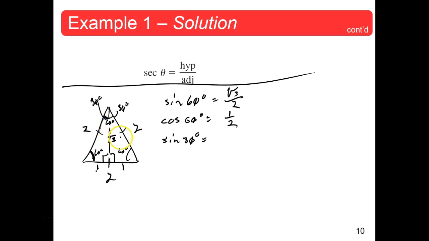What would that be? Anybody? Pretty easy. 1/2, okay? And I think the last one they asked for was cosine of 30. And what's that? Anybody? Root 3 over 2.